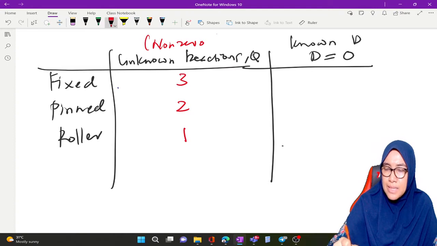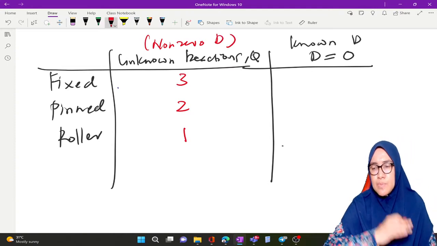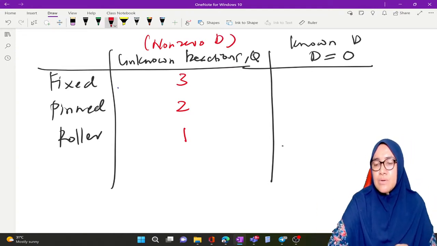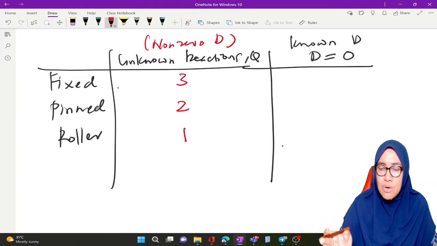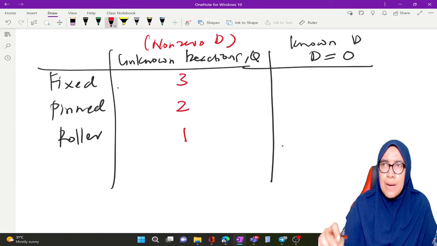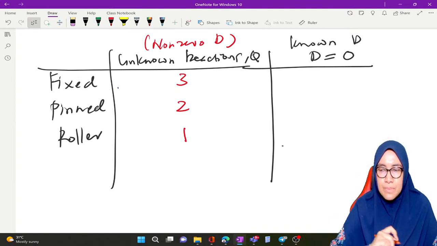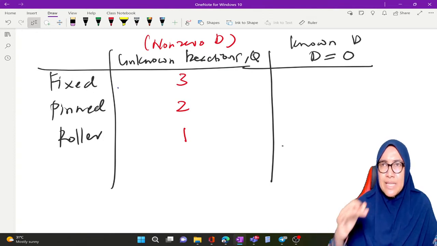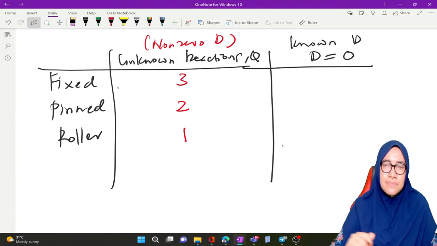Zero versus non-zero. If it is fixed, the number of displacements equal to 0 is 3.